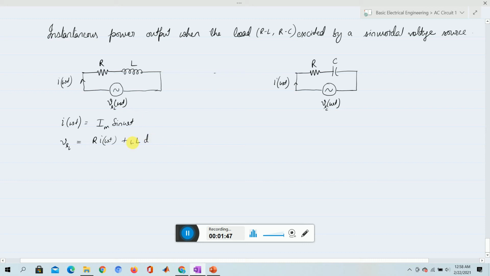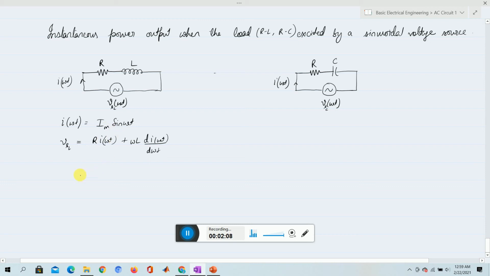L d of I of omega t by d of omega t. Omega is multiplied because we are taking omega t as the variable, so this equation is okay.